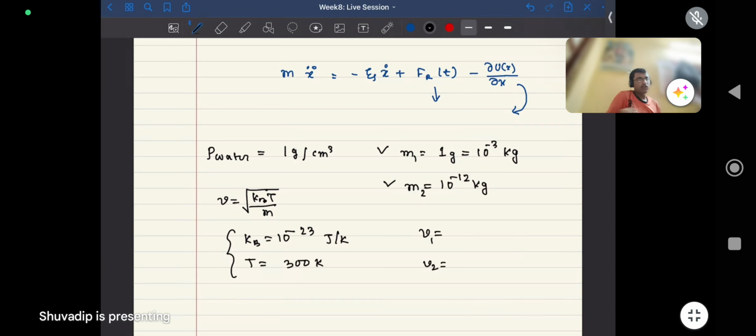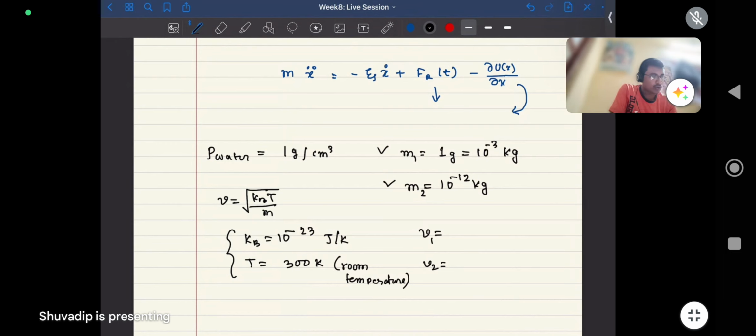So this is some room temperature condition, 27 degrees centigrade or something like that. In room temperature condition, you can calculate the velocity associated. So v1 will be almost negligible because it is a particle of mass of the order of grams, but m2 is a very small particle.